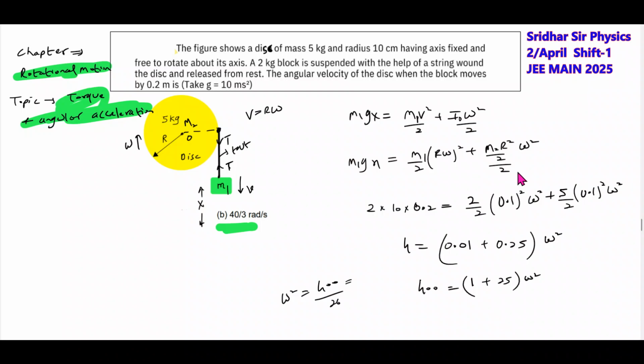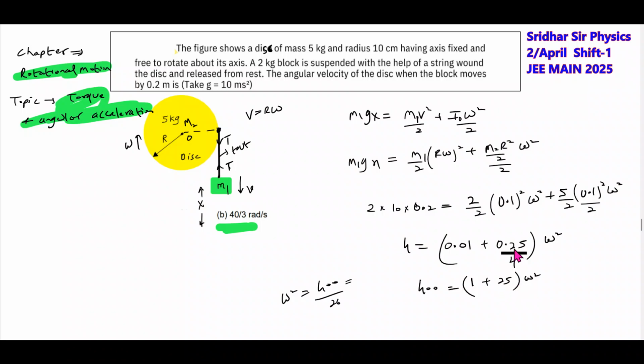I missed one more 2 here. So here this will become 2. This will be the calculation 0.01, 5 by 4. 0.2 by 25 by 4 it is.